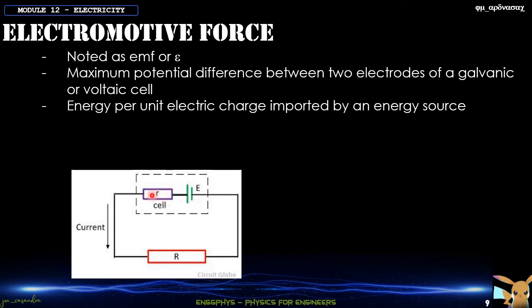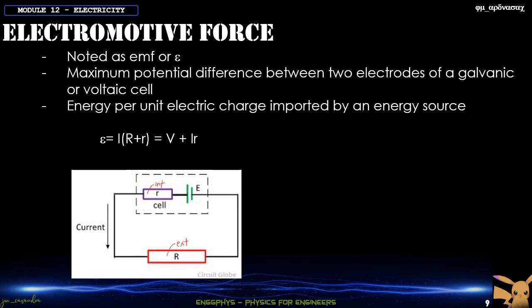So, in this case, we have here your power source, energy source, EMF, E. We have here the internal resistance of the battery, okay? And then we have here your external resistance, okay? So, let's take note of that. This is our cell, okay? Yung E saka r. This one is our internal resistance. This one is our external resistance.